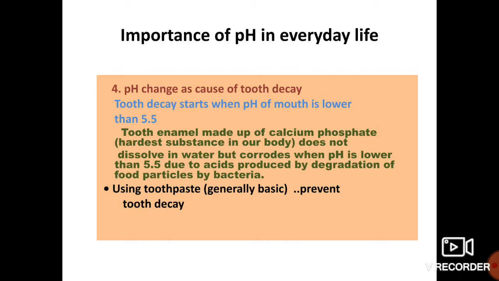If you are not brushing properly or washing your mouth after eating, the bacteria will grow and produce acids in our mouth. The acidic medium leads to corrosion of the tooth enamel, resulting in tooth decay. Using toothpaste, which is generally basic, prevents tooth decay.